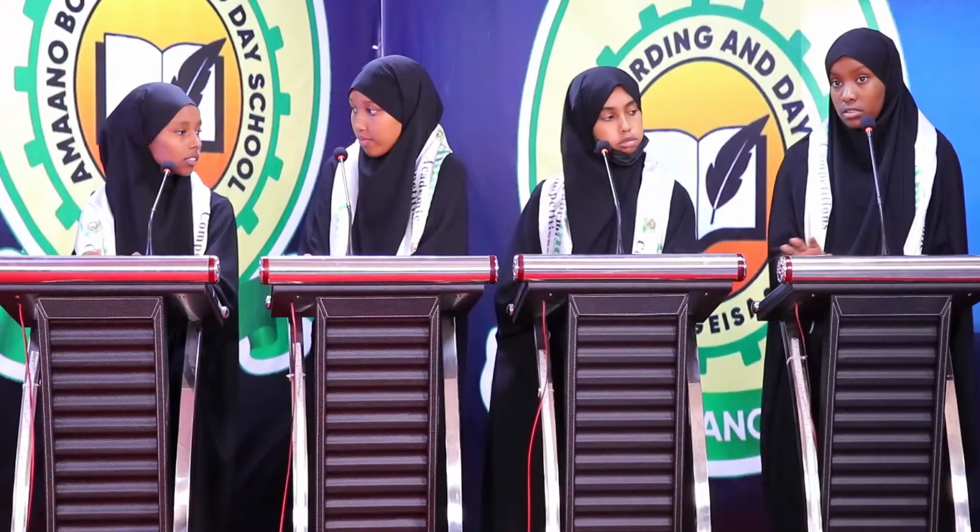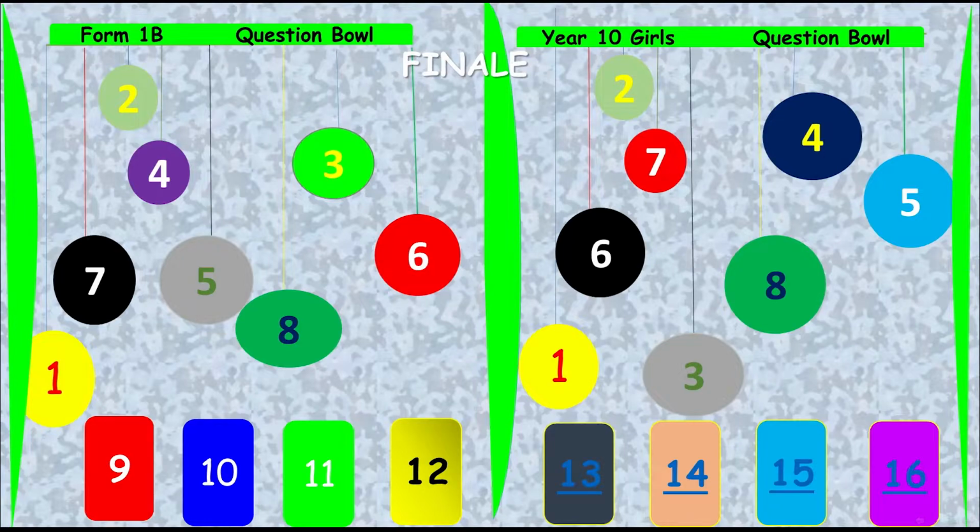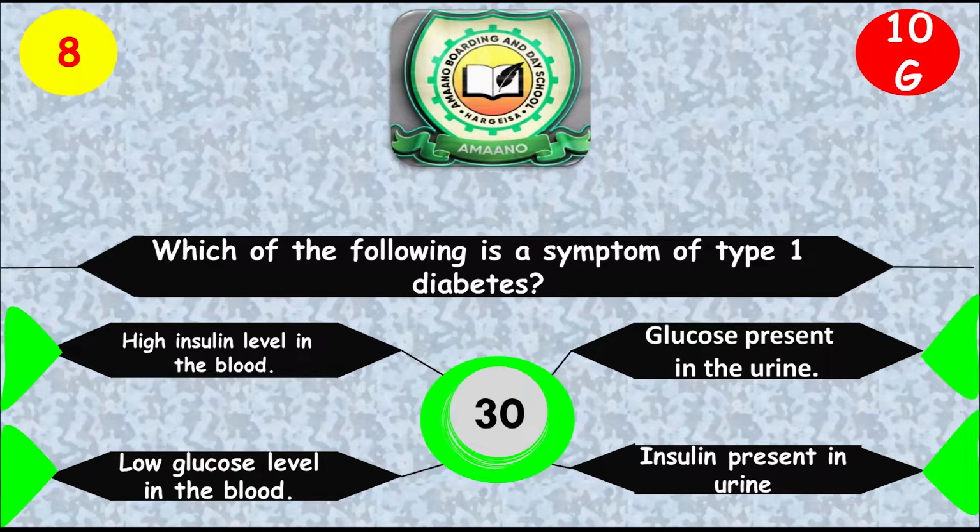Year 10. Number 8. Which of the following is a symptom of type 1 diabetes? A. High insulin level in the blood. B. Glucose presence in the urine. C. Low glucose level in the blood.